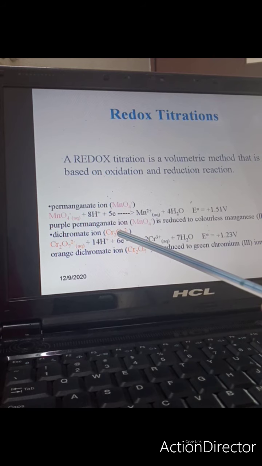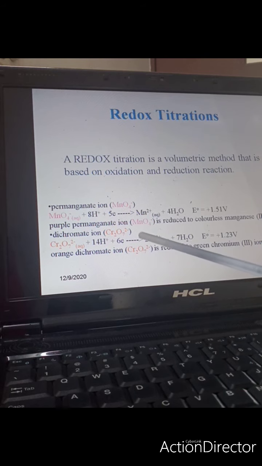Similarly, dichromate is orange in color, and during titration it will be reduced to chromium, which is green in color. So in this case, the oxidation and reduction reactions are occurring simultaneously. So it is an example of redox titration.